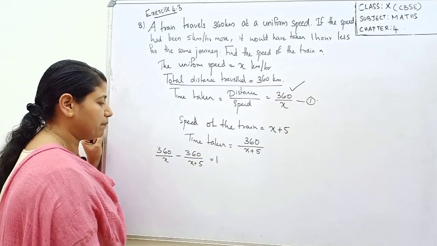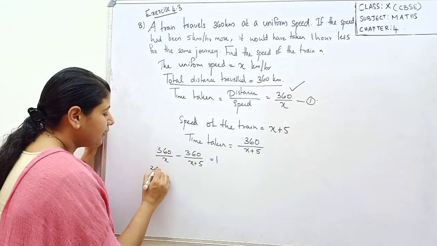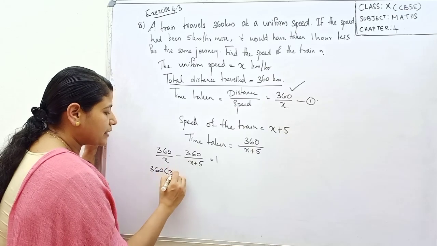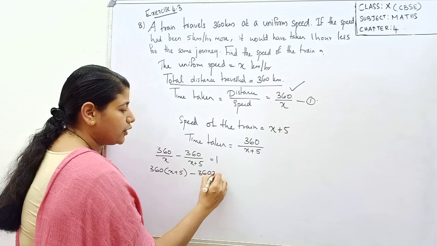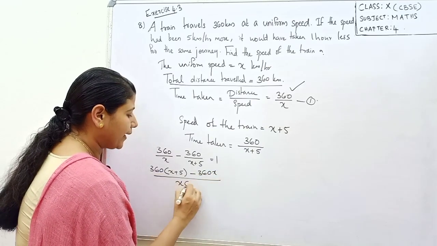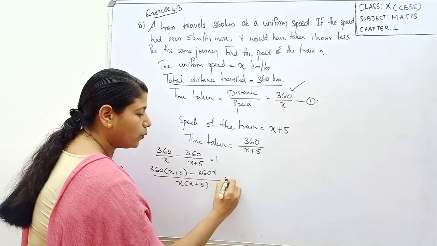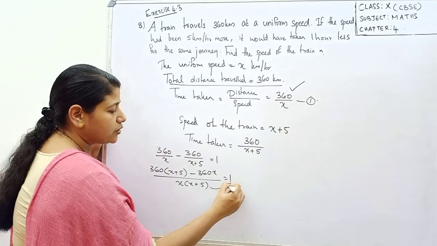Here we can cross multiply. Then you will get 360 into x plus 5 minus 360x, isn't it? So here x into x plus 5 is equal to 1. Now we can take this to that side.